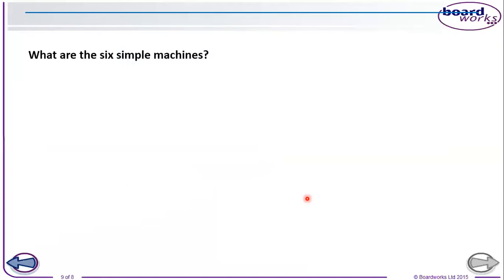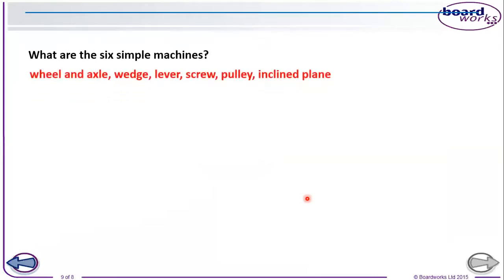Now, what are the six simple machines? Now, I want to ask questions. Excellent. It's wheel and axle, wedge, lever, screw, pulley, inclined plane. Now, another question. How are all six simple machines alike?